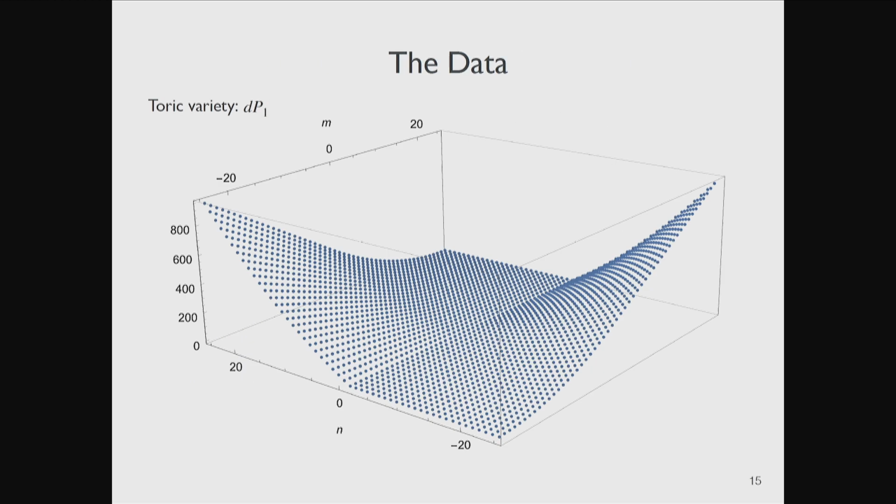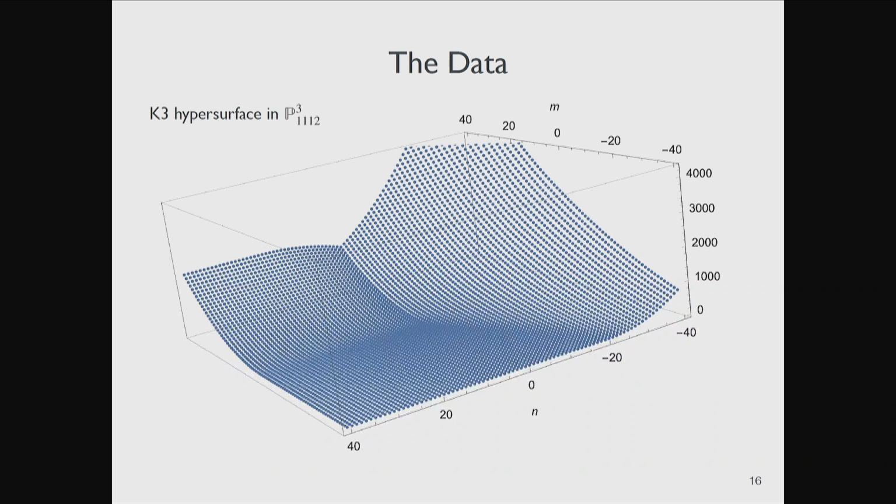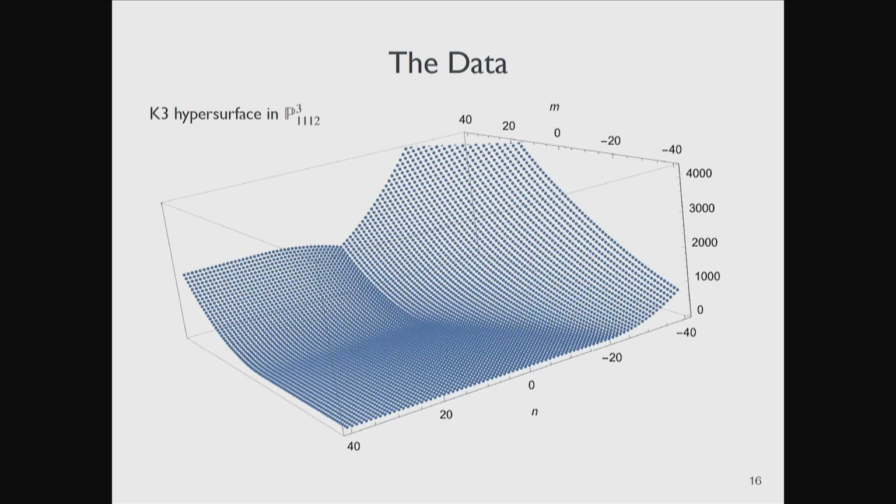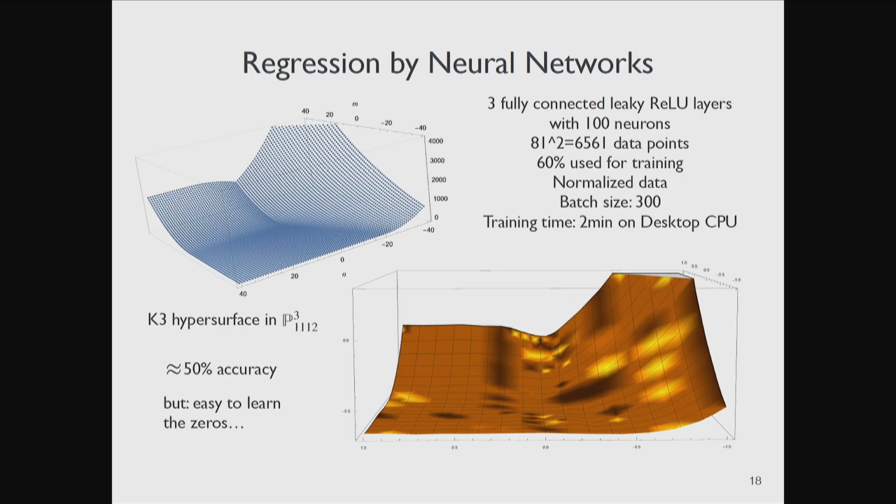If you look at the toric variety itself, this is fairly easy to learn; you can get maybe 98% accuracy fairly easily. It turns out that if you look at a hypersurface, a Calabi-Yau, then the results are much worse. This is partly because of some high-frequency modulation that we found in the data, which I will explain later.